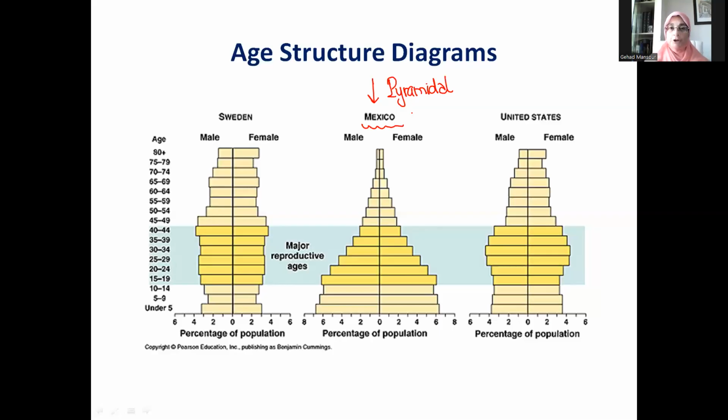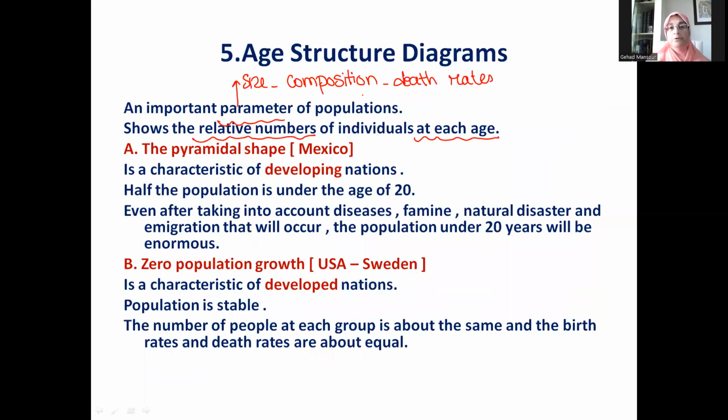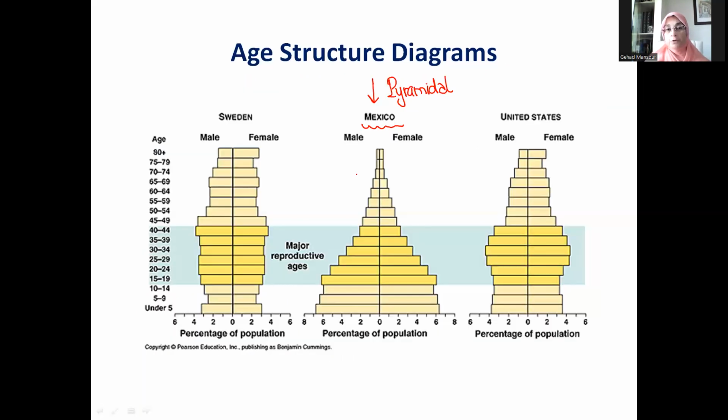So this is changeable. Then we have the zero population growth, for example, like in Sweden or in the United States. So we have here the zero population growth, and here again, the zero population growth.